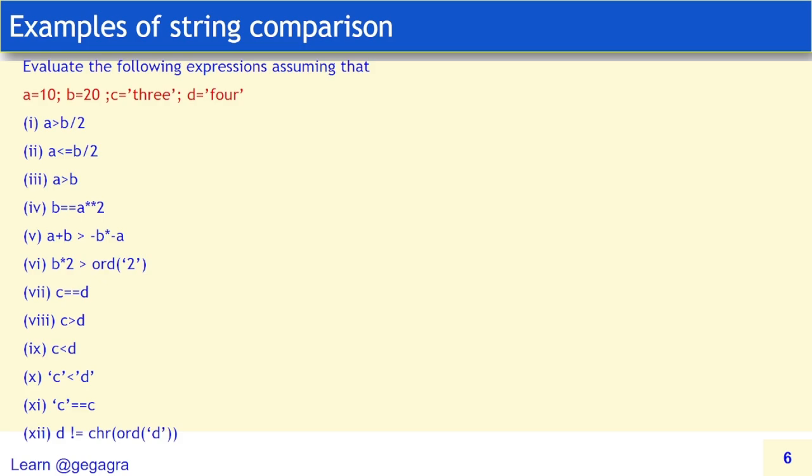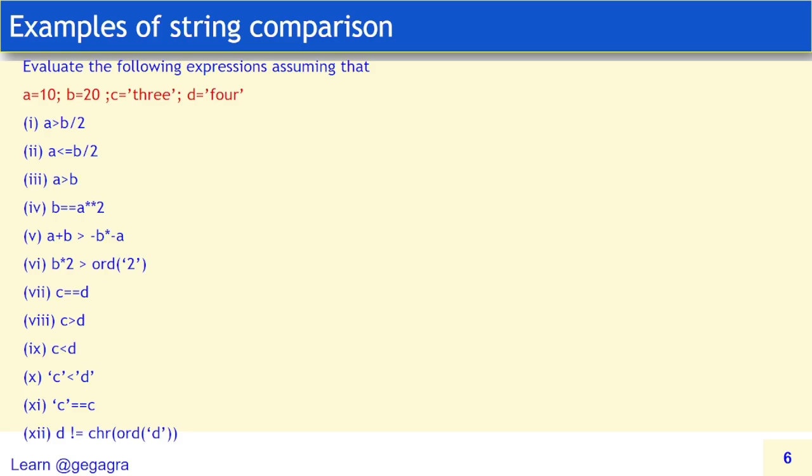If you look, I have taken some values: a is equal to 10, b is equal to 20, c is the string 3, and d is the string 4. If I apply a greater than b less than 2, you need to know the precedence of the operators we use in Python to evaluate the values, because the output of these statements will be either true or false.